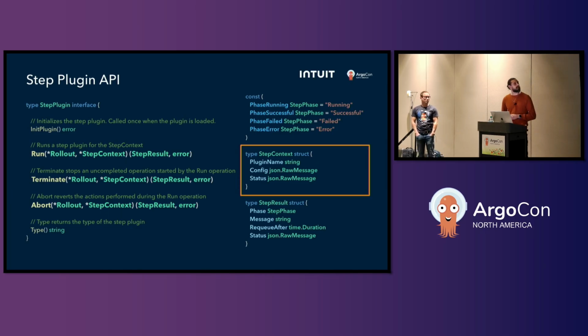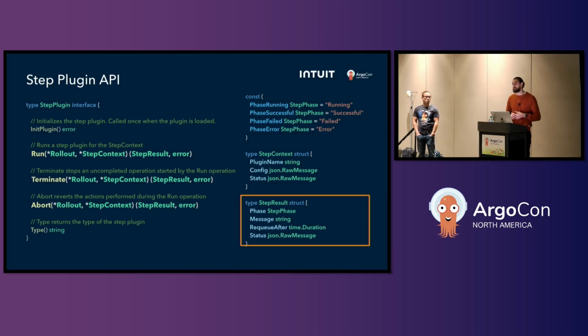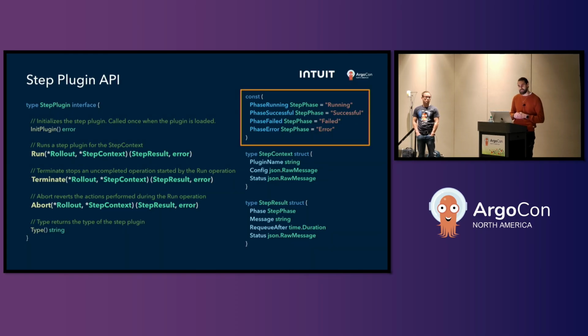So the step context will contain that config object that I've just talked about. And then they return a step result. In the step result, it will contain a phase, and there are four phases that your step plugin can return. There's the running, the successful, the failed, and the error phase. And that's it. That's all you need to know to be able to implement a step plugin.